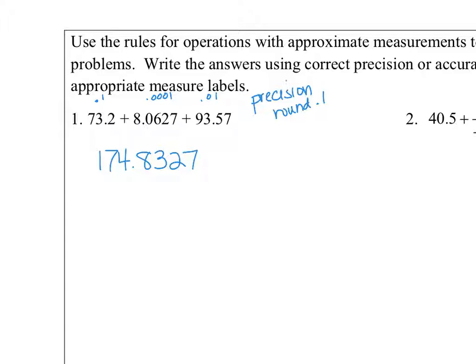But then you're going to use our precision rules to round. We want to round to the tenths. So if we're rounding to the tenths, we're going to round at the 8, and the 3 beside it tells us we're going to round to 174.8. That's our rounded answer, using the least precise number.